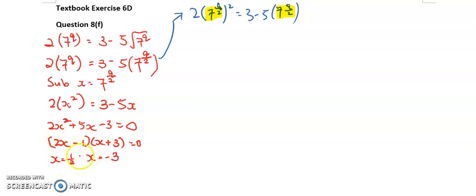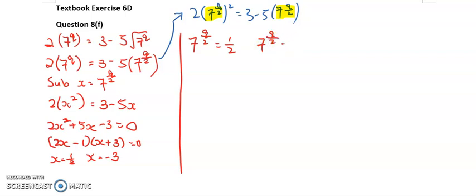Once we have these two values of x, we have to check the validity of the solution. Substituting back, 7 to the power of q over 2 equals half, and 7 to the power of q over 2 equals negative 3, which is actually not applicable.